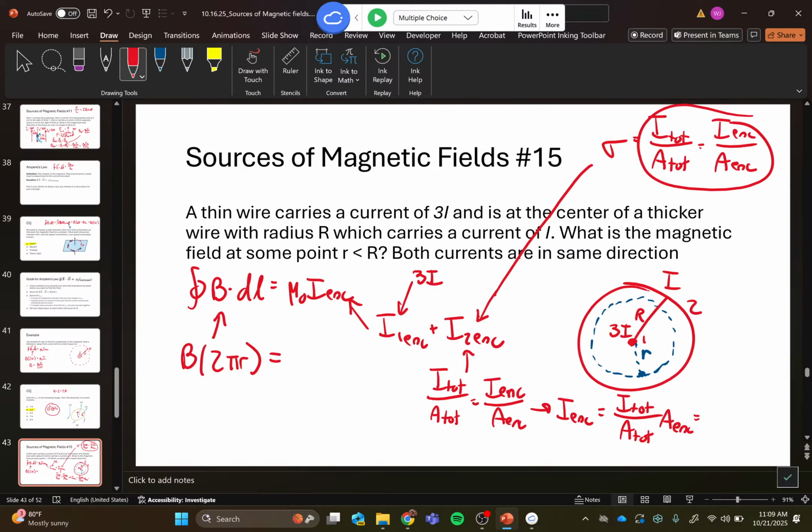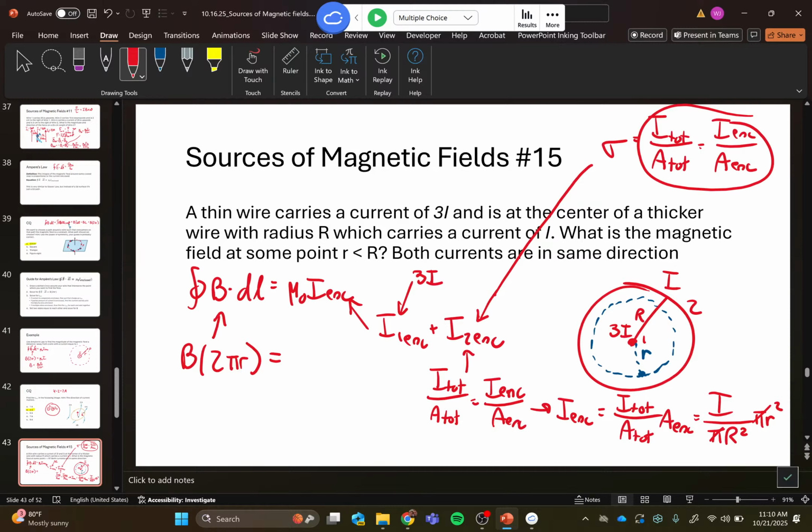Now we just put what those are. What is the total current in my big fat wire? I. Just I. What is the area total? Pi capital R squared. Big R for big area. What is the area enclosed? Pi times little r squared. It's a ratio of areas. Pi's cancel.